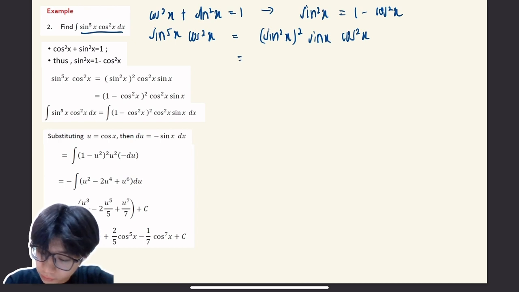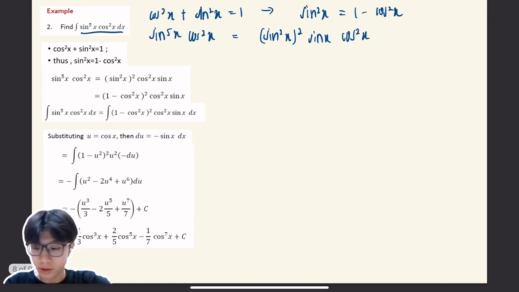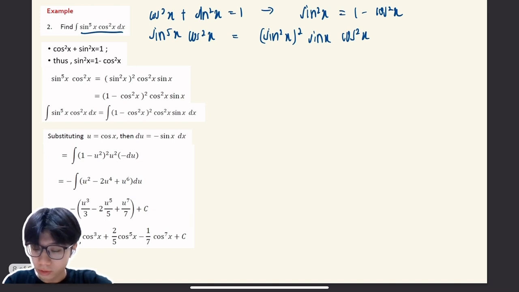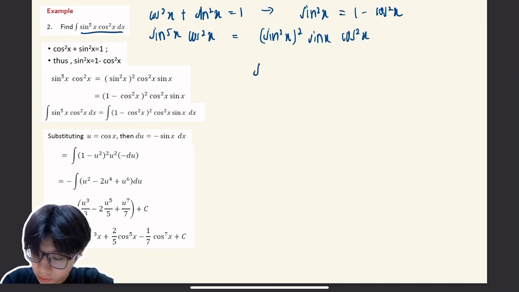You might be wondering why is it sine 2x to the power of 2 and times sine x. I will show you.